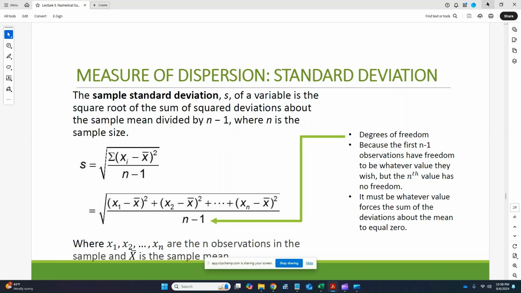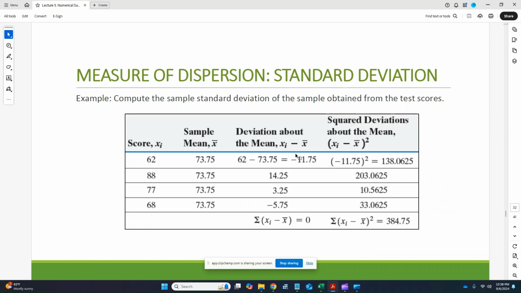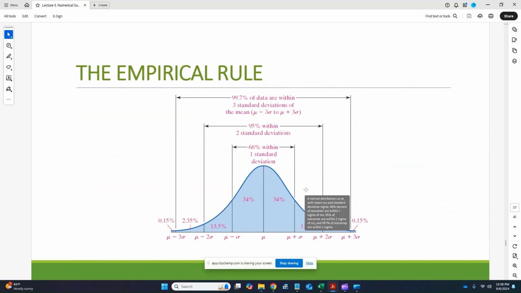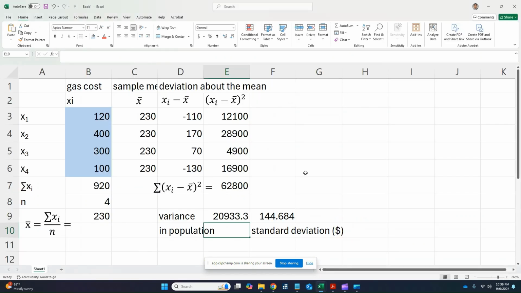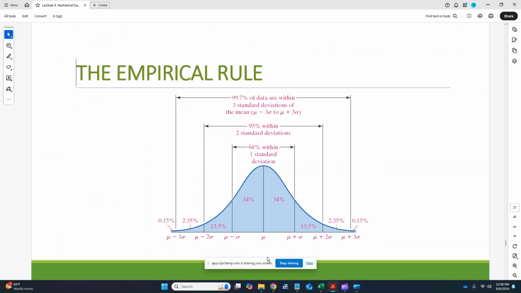Okay, now that we got that cleared, I'm going to show you this picture where, remember, I said that the new student can expect the gas cost can be 144 above or below. Then how much does that variation cover of the actual data set? I'm going to go back to this picture here.